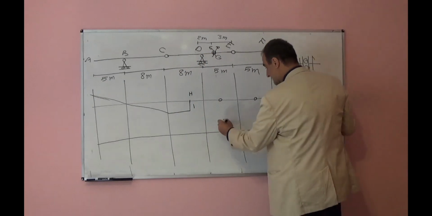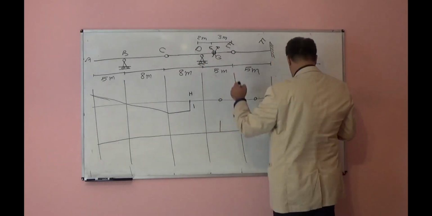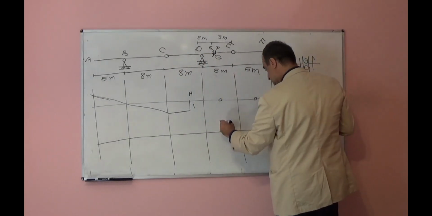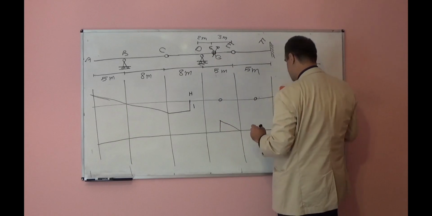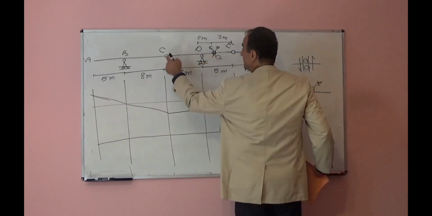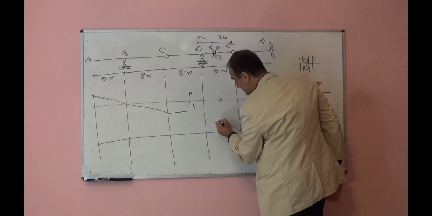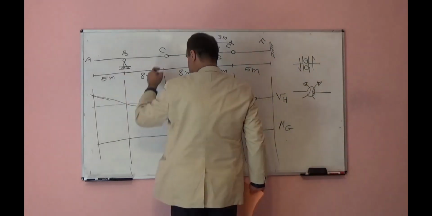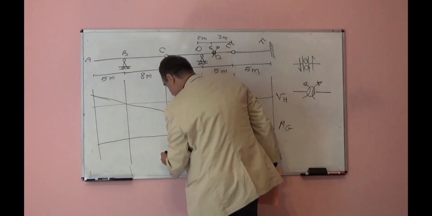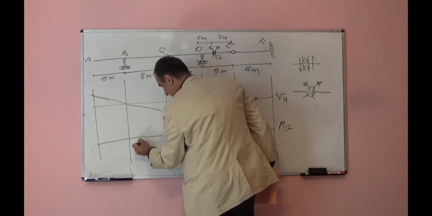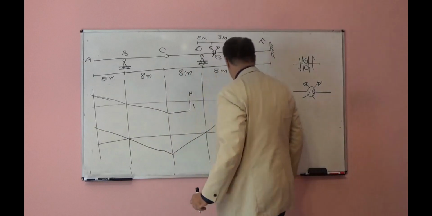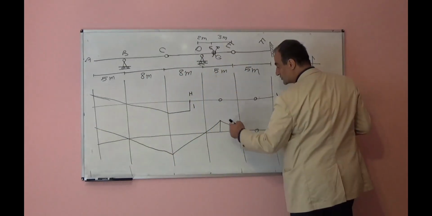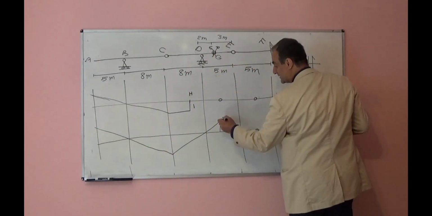Point G will move up. This part will rotate with respect to E. This is 0. This part can rotate with respect to D. Point C will move down. The AC part will rotate with respect to B. Straight line. Now you see both sides, they will rotate.